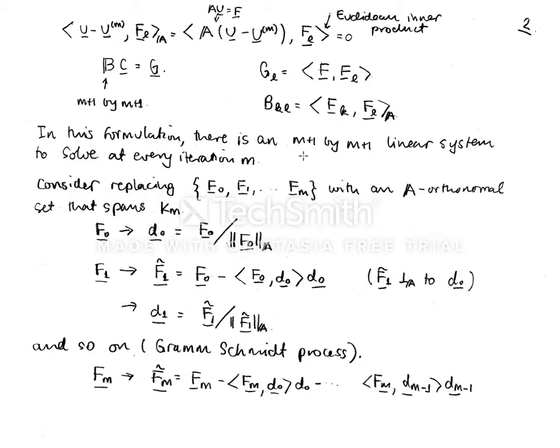Now, this is not what the conjugate gradient method does. It does compute those coefficients, but it doesn't do it in this manner. In all generality, this would be a dense m plus 1 by m plus 1 linear system that you would have to solve at each iteration m.